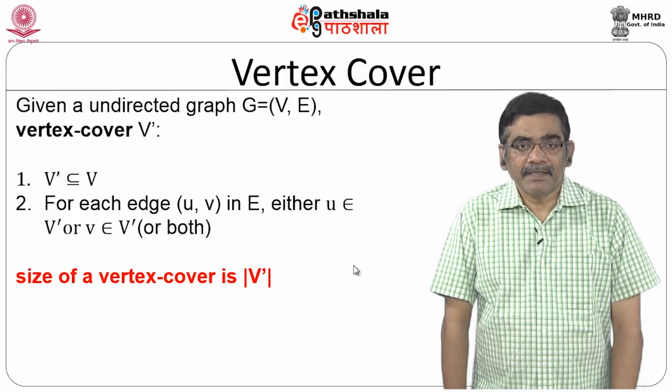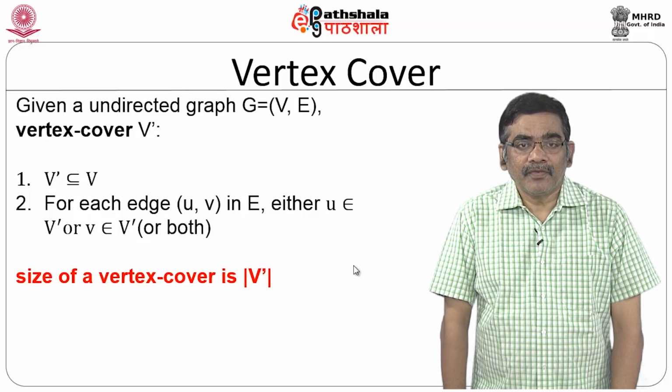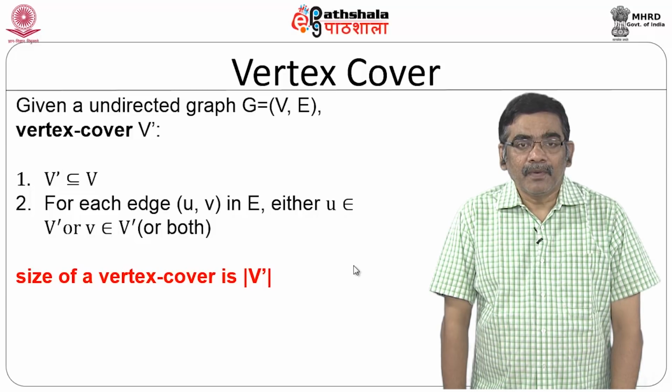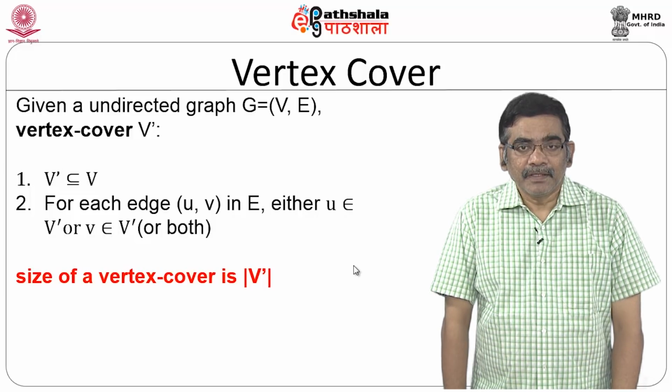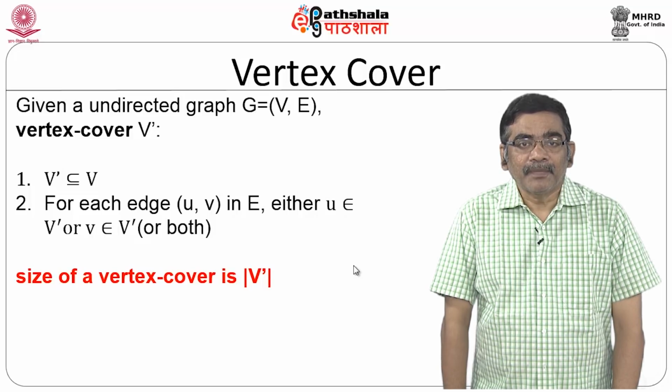Then the vertex cover is V prime such that V prime is a subset of V. If we take any edge (u, v) in E, then we have to show that either u or v is an element of V prime.